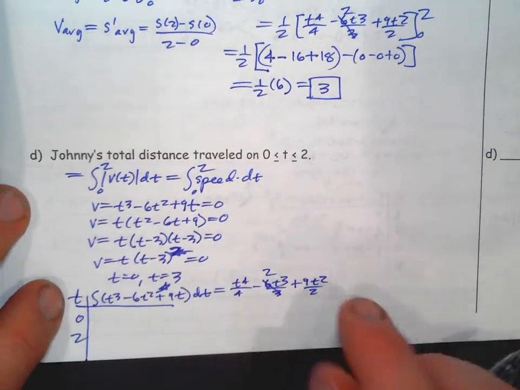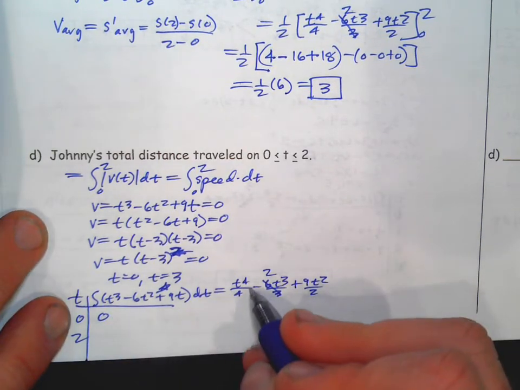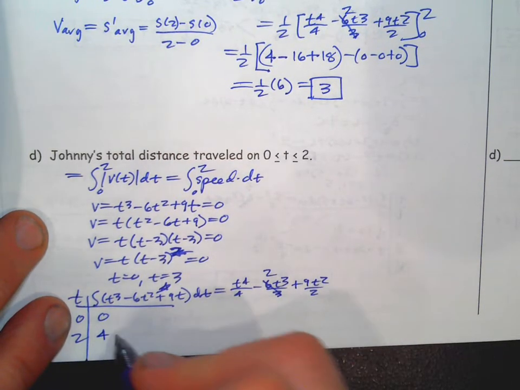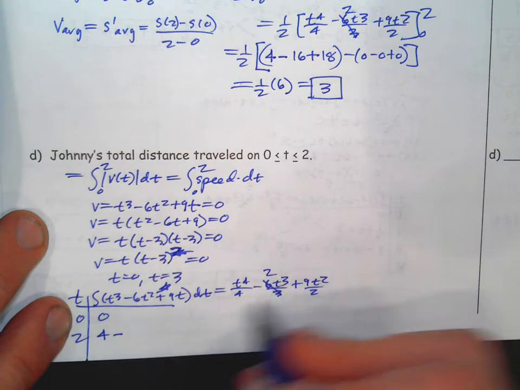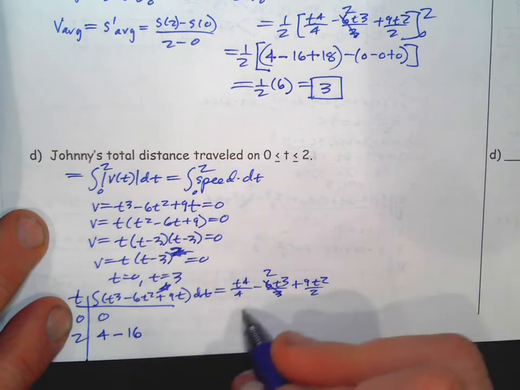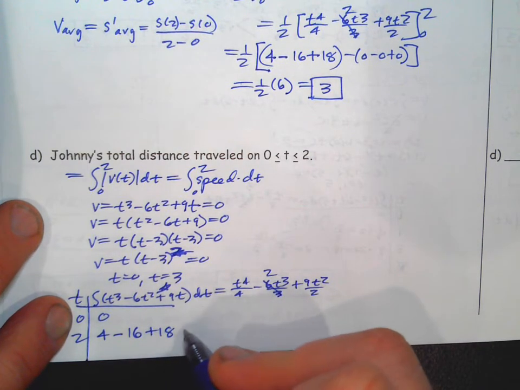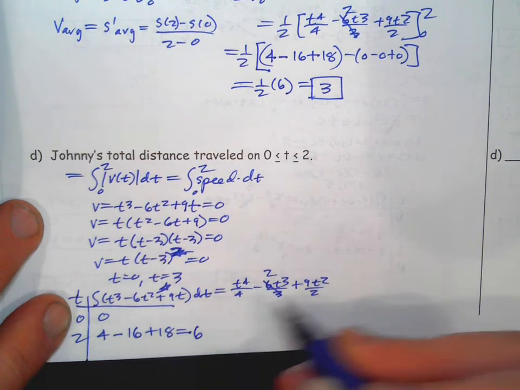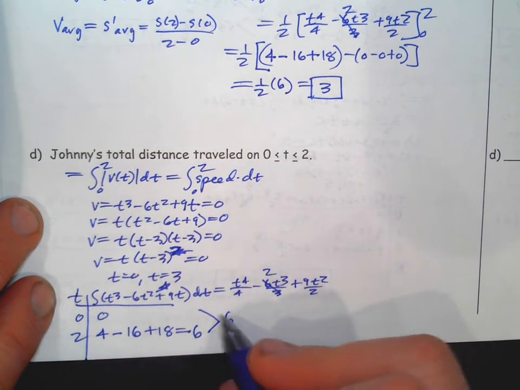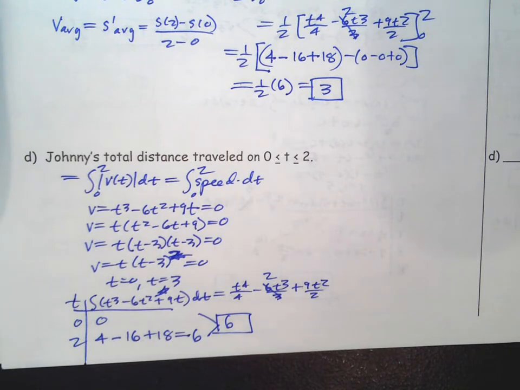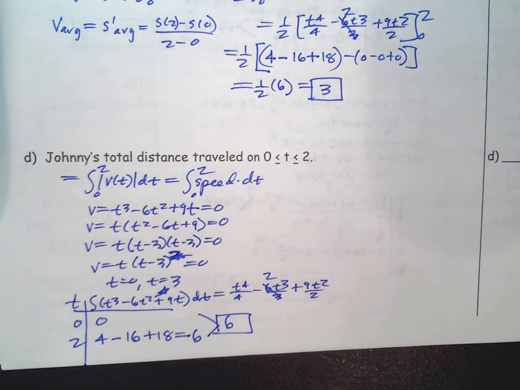We plug 0 in and we get 0. Plug 2 in, you get 16 over 4 is 4, minus 2 times 8 is 16, plus 18. So that's 6. So total distance is 6, which is also the displacement. But there you go. That's it.